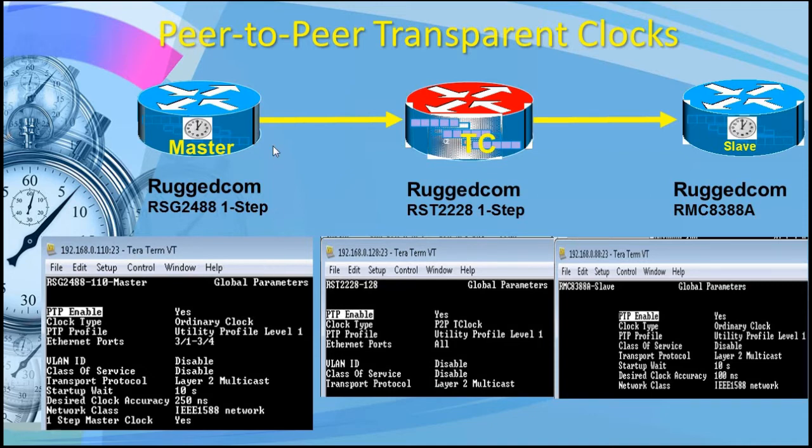Because we are testing the peer-to-peer transparent clock, we choose the utility profile and configure all three devices. The first device and the third device are configured as ordinary clocks, and the middle one is a peer-to-peer transparent clock.